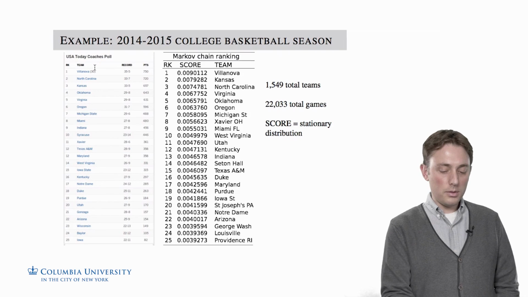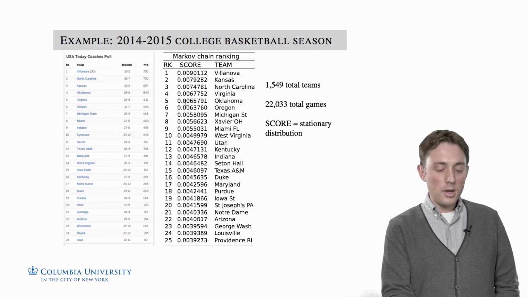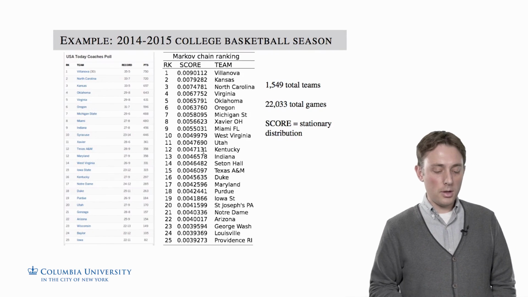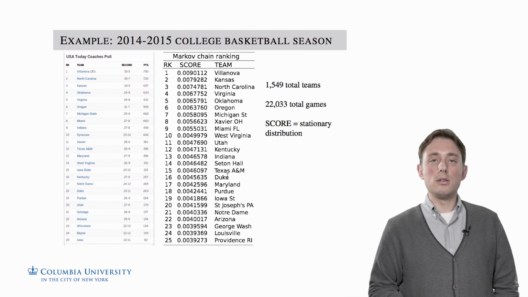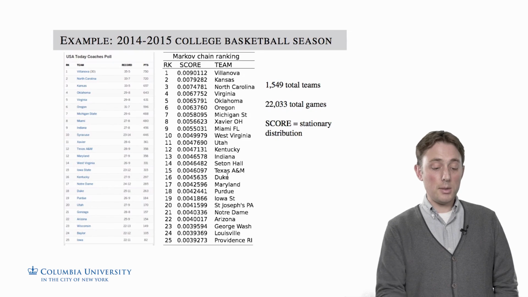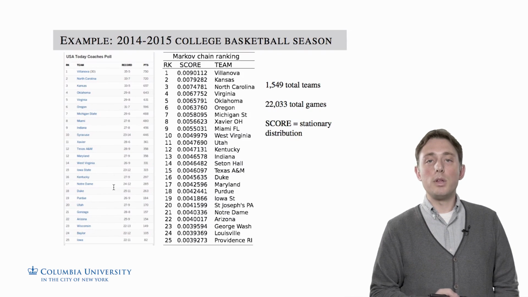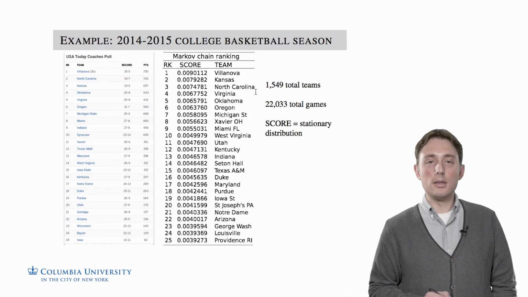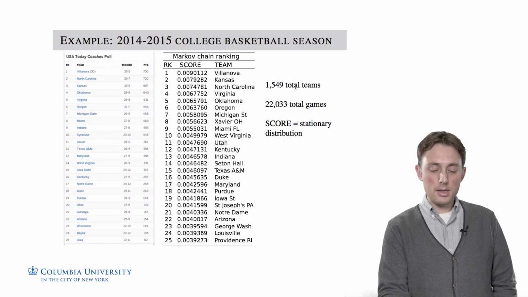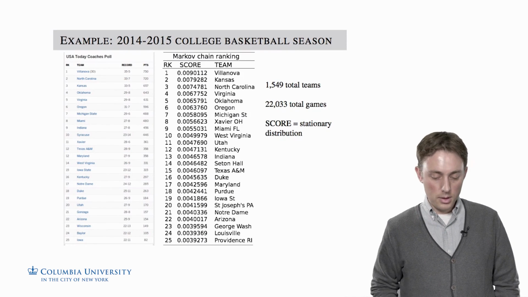So Villanova, North Carolina. You can pause the video and see that the Markov chain, in this case, is able to learn a top 25 ranking purely on the data of the results given by the games. So this is the data set, it takes it and is able to compare favorably with the experts.